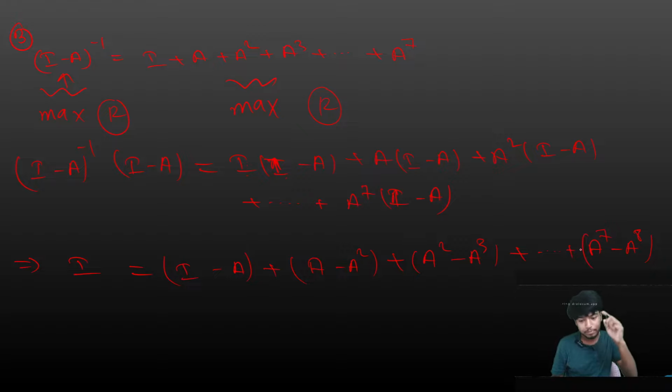Notice, matrix addition is associative and commutative. Because of associativity we cancel out this one because this gives a null matrix. Similarly this one goes with this one, and A to the power 7 cancels out this 7. So the left one is A minus A to the power 8.